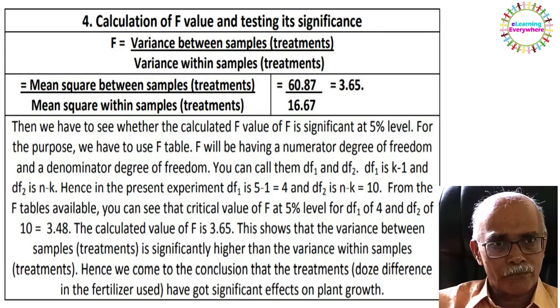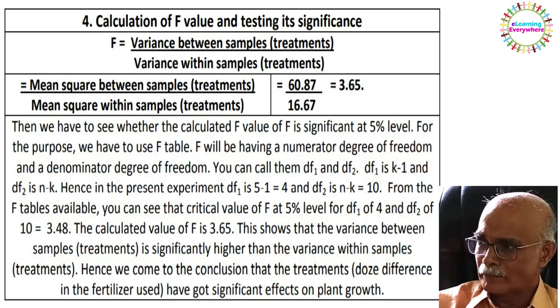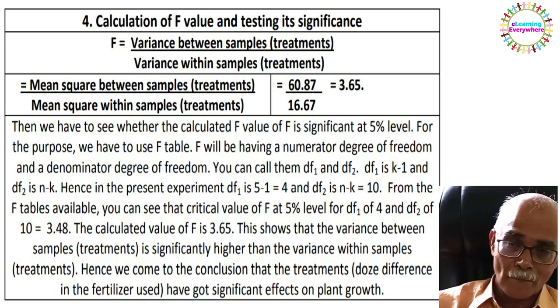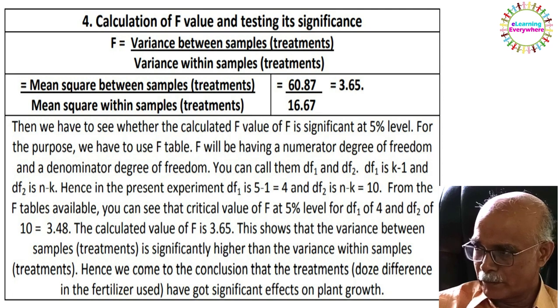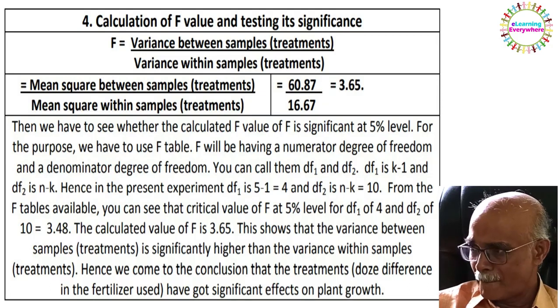So in the F table you get a numerator degree of freedom, which is the between treatment degree of freedom, and also a denominator degree of freedom.